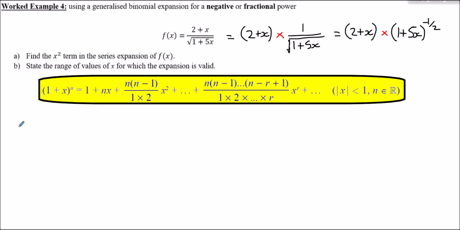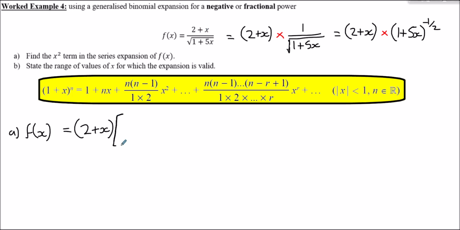And so what we're going to have here for f of x, we can say that f of x up to the x squared term is going to be 2 plus x. Now we don't do the binomial expansion of 2 plus x, we leave that on its own because that's just to the power 1, which is just itself.